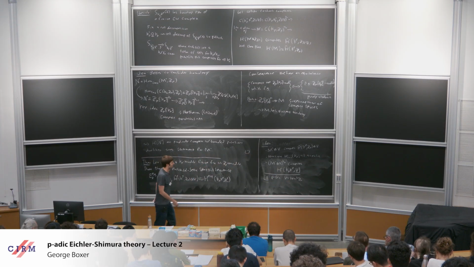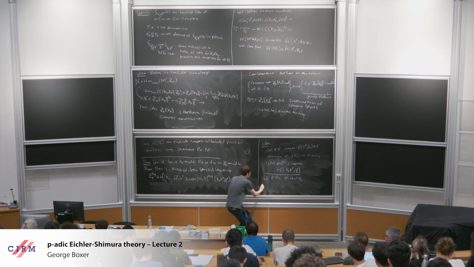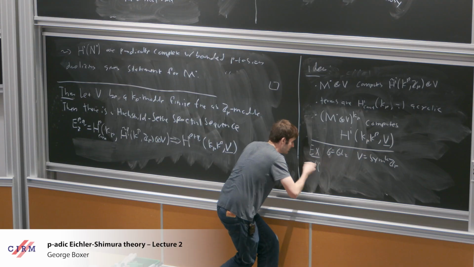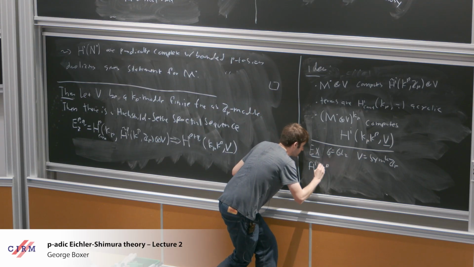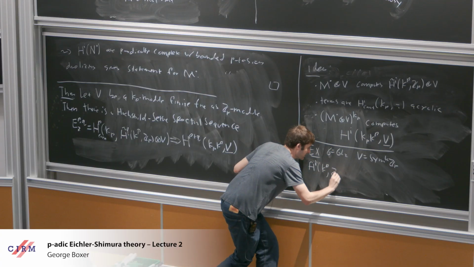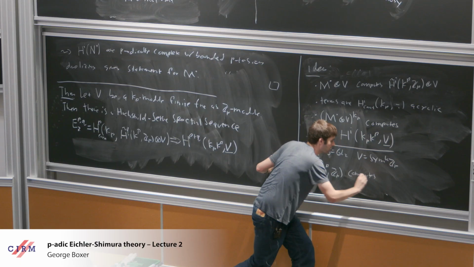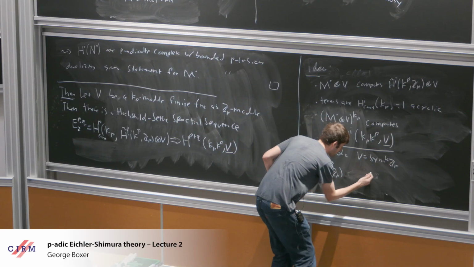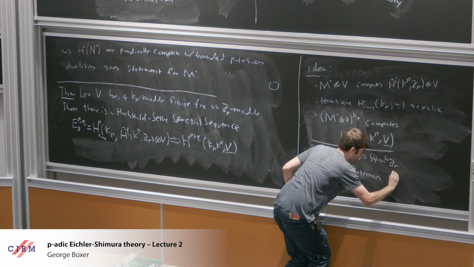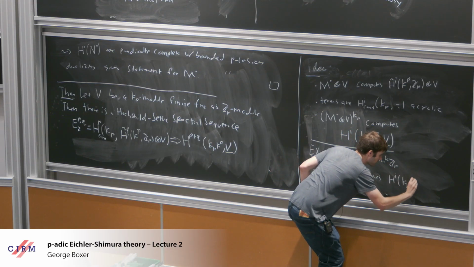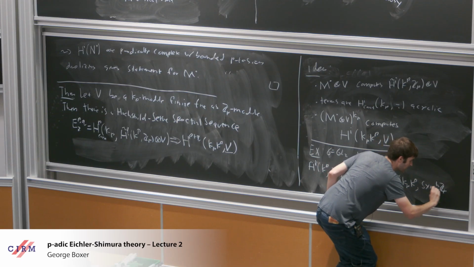And we see that completed cohomology, even though we started with cohomology with trivial coefficients, or really just H^1 in this case, determines this finite level cohomology with coefficients in this local system.